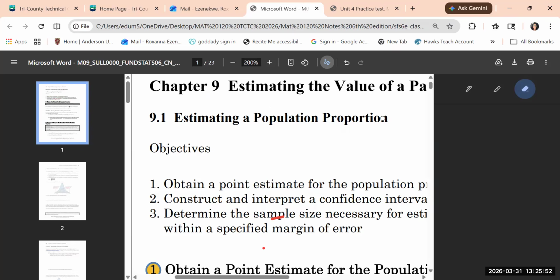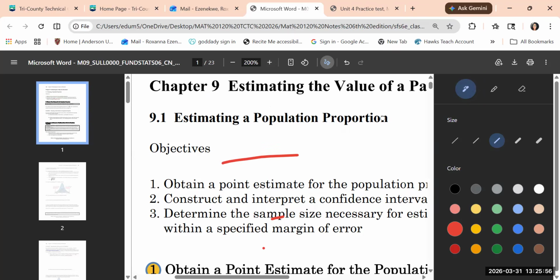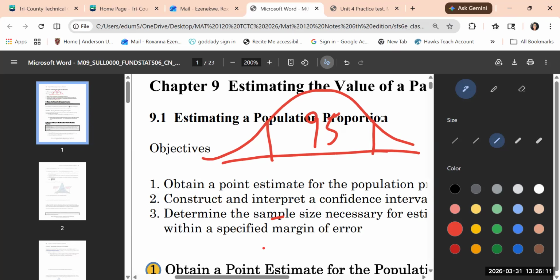So everybody look, I am going to draw a picture for normal distribution. I'm doing 95% confidence interval, the central 95% here. So what does 0.95 or 95% mean? Remember that the area under the normal curve is 1.